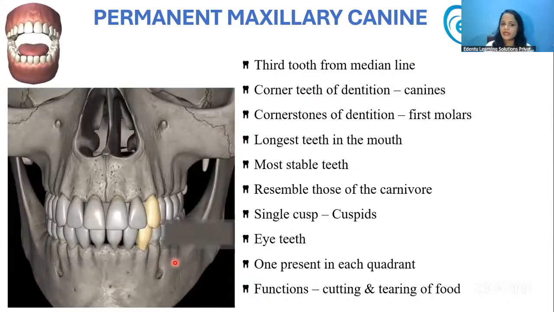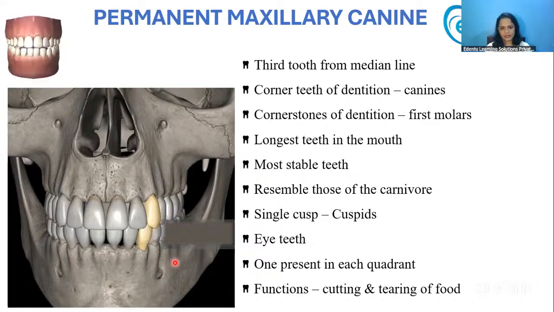So let's begin with the permanent maxillary canine. When you are asked an essay question about the permanent maxillary canine, always start with the contents. The contents should include what all you are going to write, like the introduction and the morphological aspects, which include the labial aspect, lingual aspect, mesial aspect, distal aspect, like that.